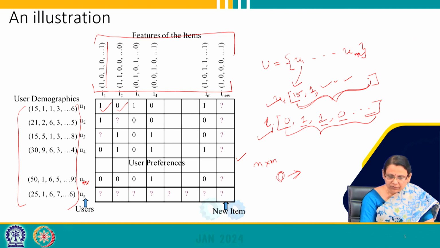Otherwise, if we mean that the user is not willing to give any rating, then this 0 indicates absence of the rating.